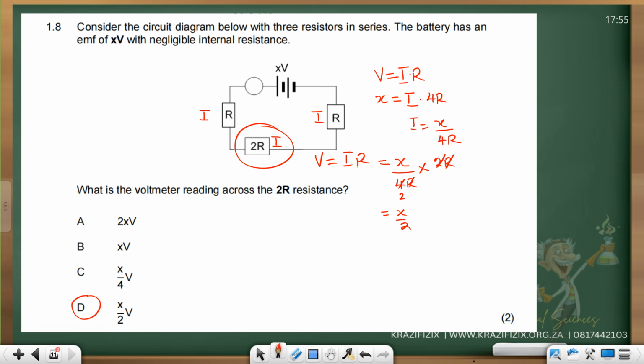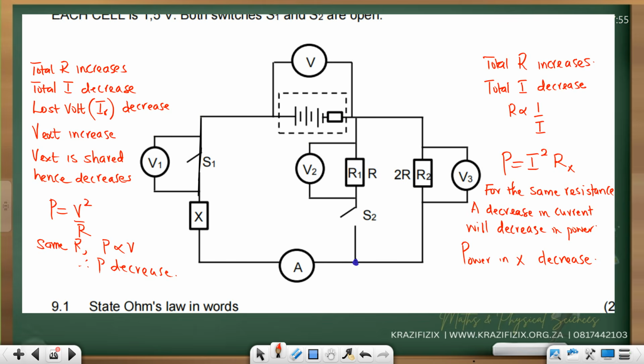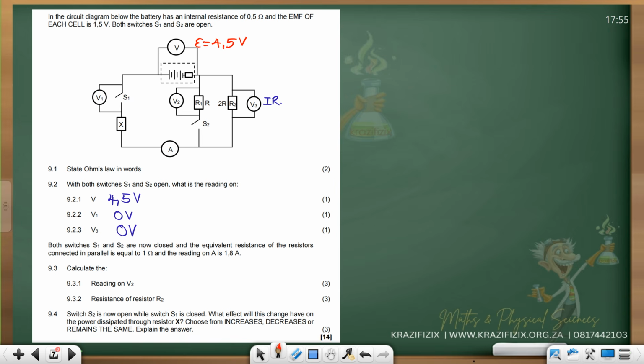Very tricky. Okay, before we move away from circuits, I want to fix this thing here so we have a proper understanding. 4.1 is correct. 9.1 is correct. 9.2.2. Guys, there's no current flowing. But that voltage there on the switch will still measure what? EMF.